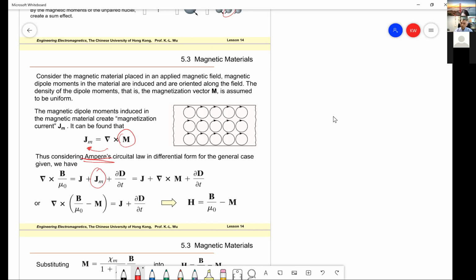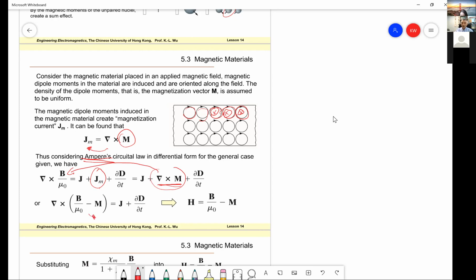Basically it's a collection of all this. So when I have this current, I have a magnetic field pointing into the paper, into the screen. This current is formed by the curl of the total magnetic moment, and I move this term toward the left, which results in this.